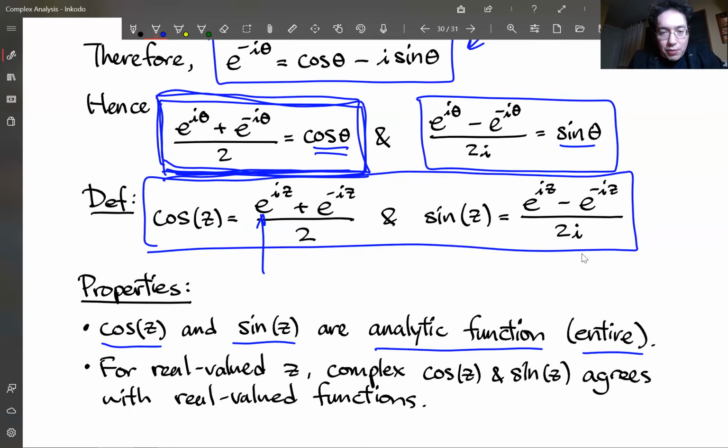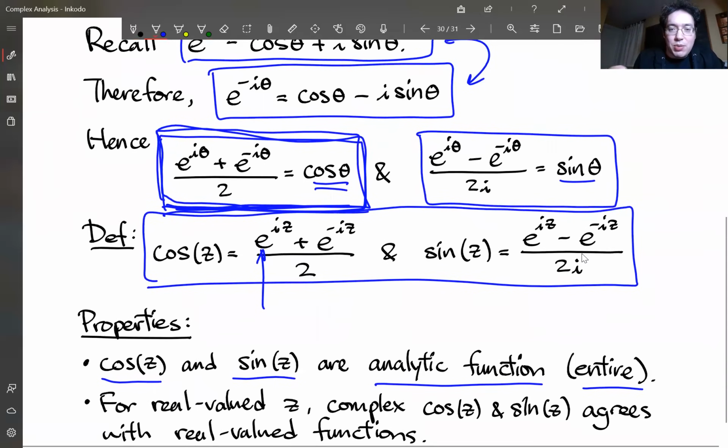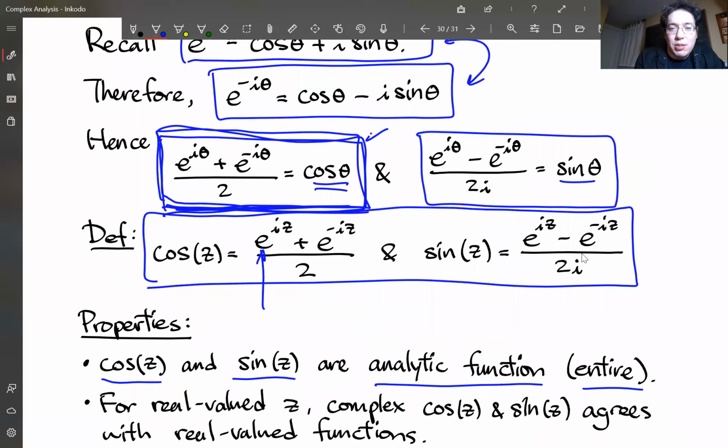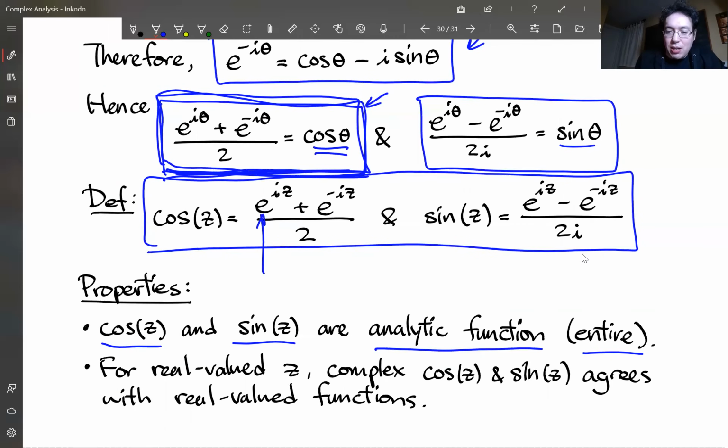And of course, because we started from an equation that works with real variable theta, cosine and sine agree with the real-valued functions of themselves. So it makes sense to use the same notation, the same name, cosine and sine.